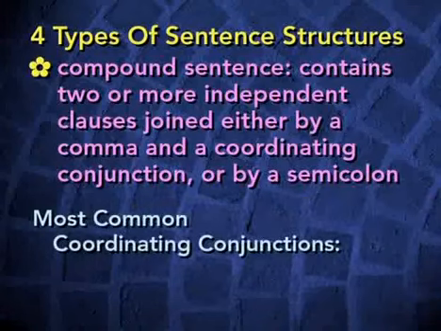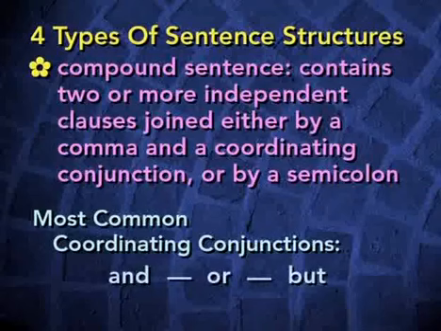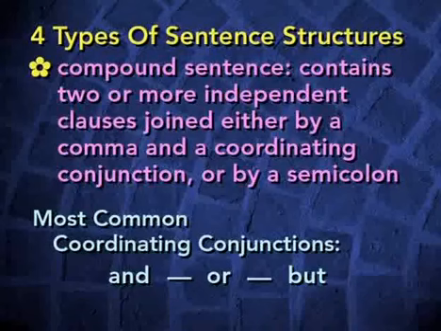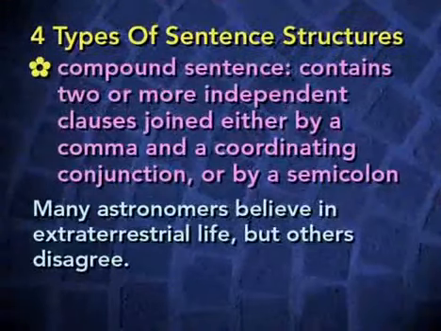The most important and common ones are and, or, and but. So one way of joining two independent clauses to create a compound sentence is by using a comma and the word and, or, but. Another way of connecting two independent clauses to make a compound sentence is by using a semicolon in between them.